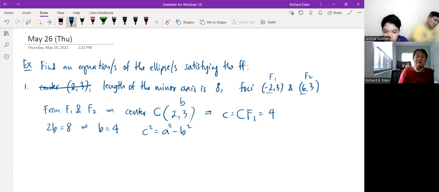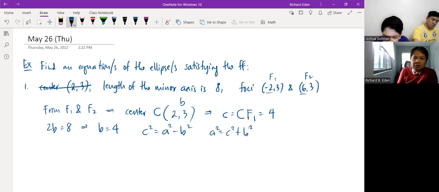So a would have to be the larger one. So a squared minus b squared is what I should use as the formula for c squared. So a squared would then be c squared plus b squared. So we have 32. So a is going to be 4 square root of 2.